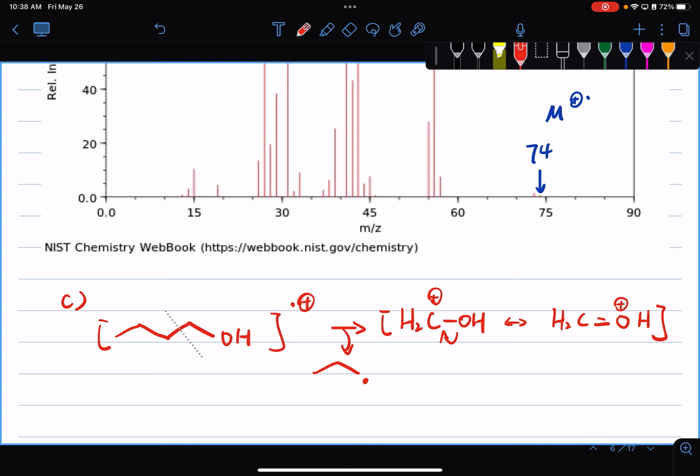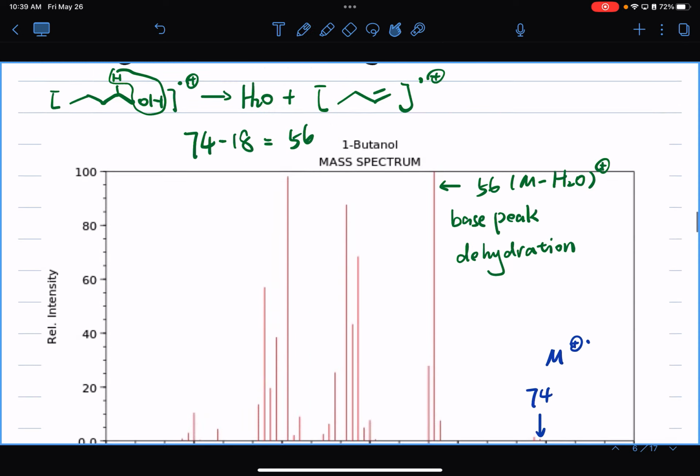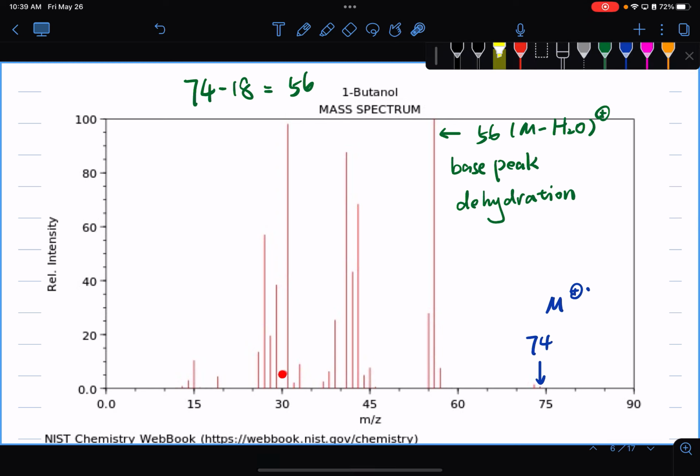All right. And again, you have two different ways you can find that peak here. You can look at the molecular weight of CH3O, which is the cationic fragment here, and the molecular weight of CH3O is about 31. Let's check, do we have a peak at 31? So that's 30, that's 31.